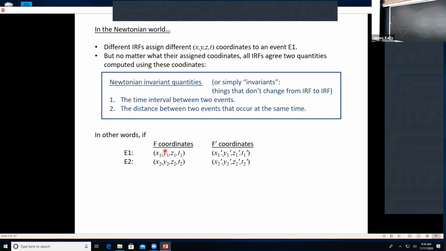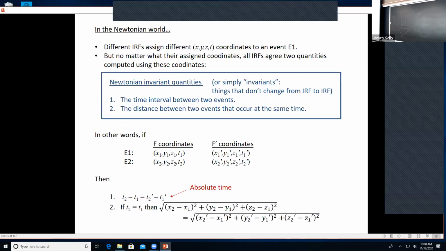They're assigning their respective coordinates to these two events, right, using the unprimed and the primed notation. And if we compute the difference in the times between them, T2 minus T1, how much time elapses between the two events, it's going to be the same if we use the primed or the unprimed coordinates. That's like those two distance formulae being the same when we use the primed and unprimed formula.